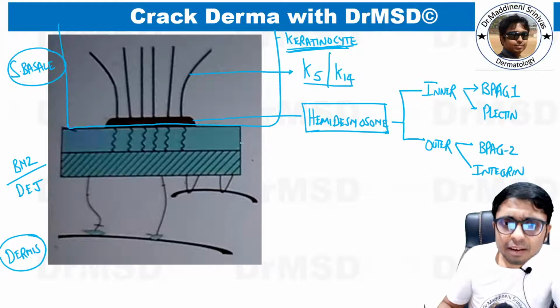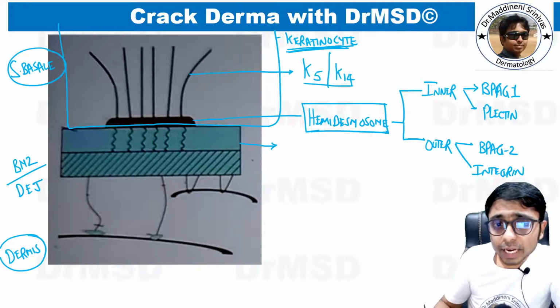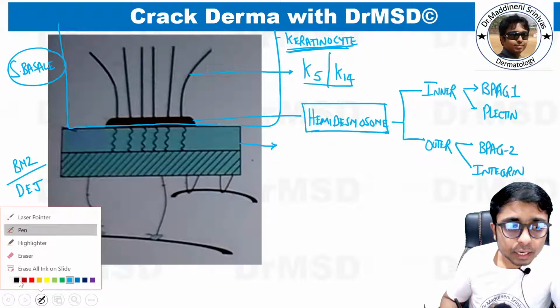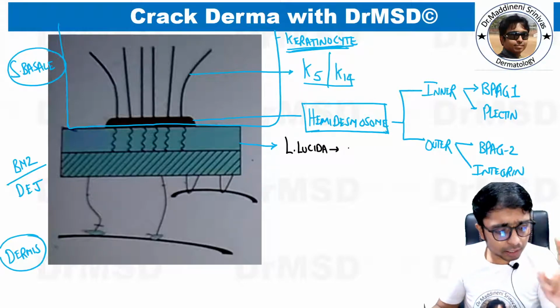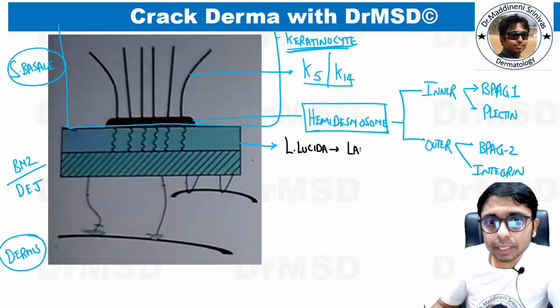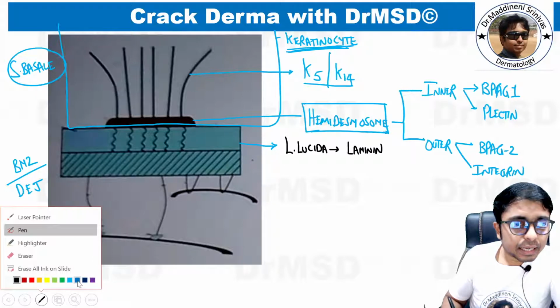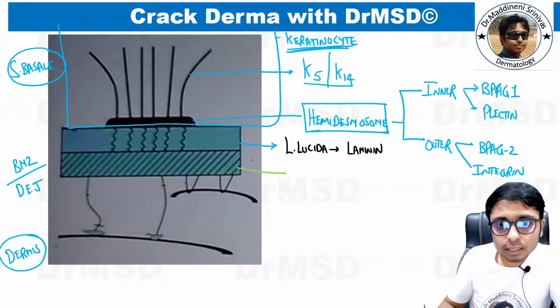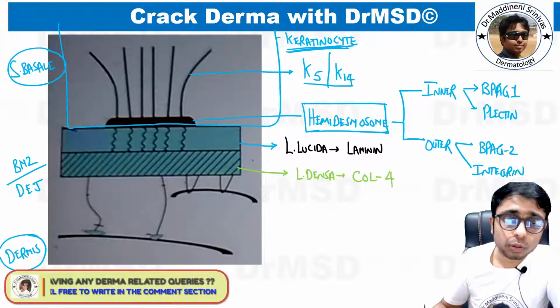In this we have a few sub components which you must remember. One among them, I will use a separate color, is the lamina lucida, and the important protein present in lamina lucida is laminin. The next layer is called the lamina densa, and the most important protein present in this layer is collagen 4.